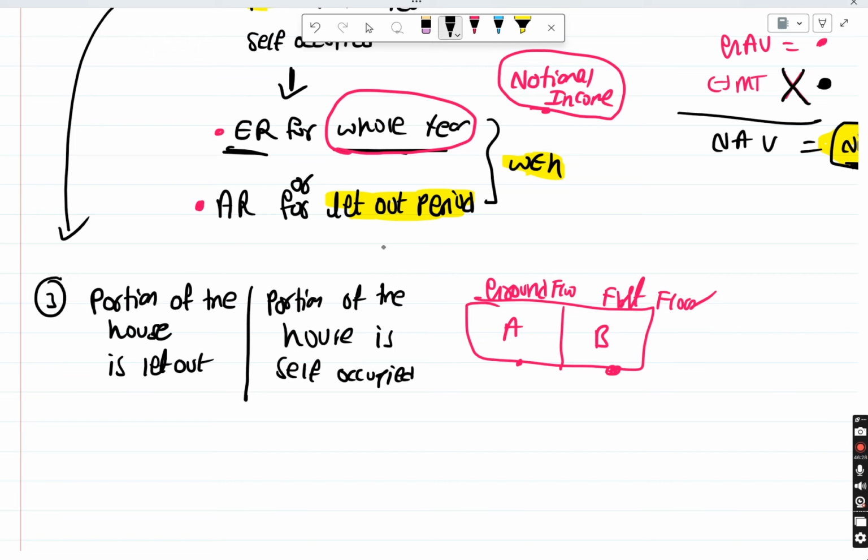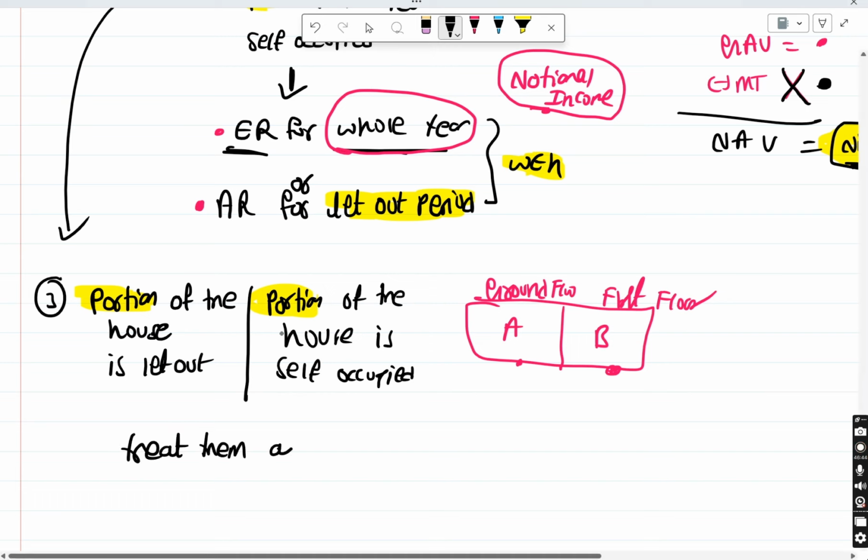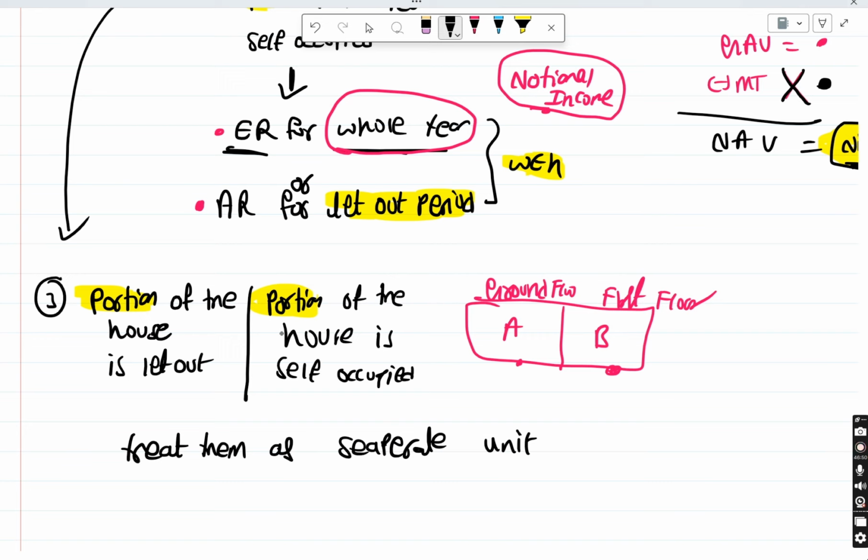See, here the portion of the house is different, not the part of the year, right? This is a portion only. So now what we're going to do is treat them as a separate unit. So A will be considered as a separate house, B will be considered as a separate house.